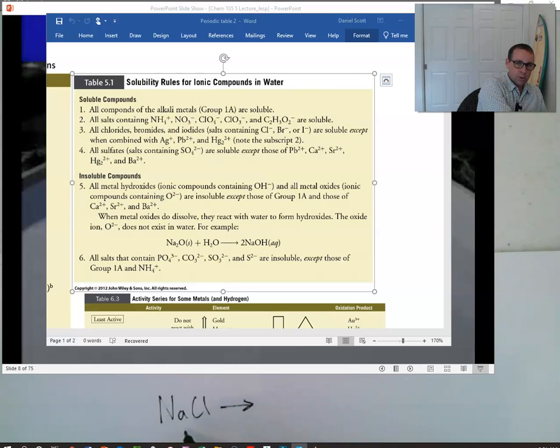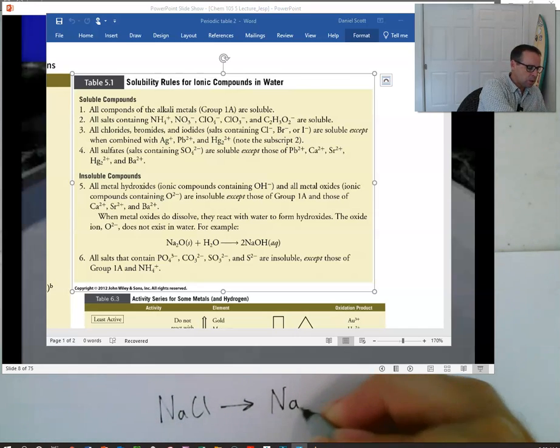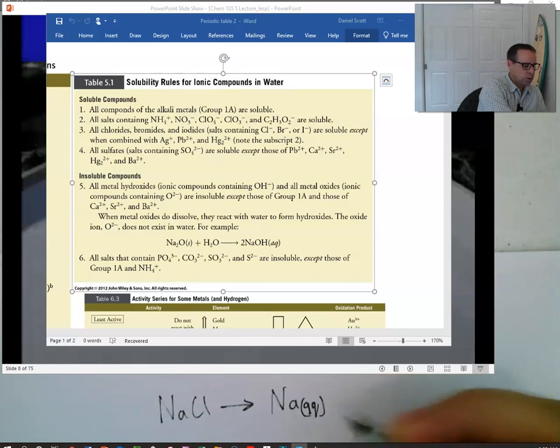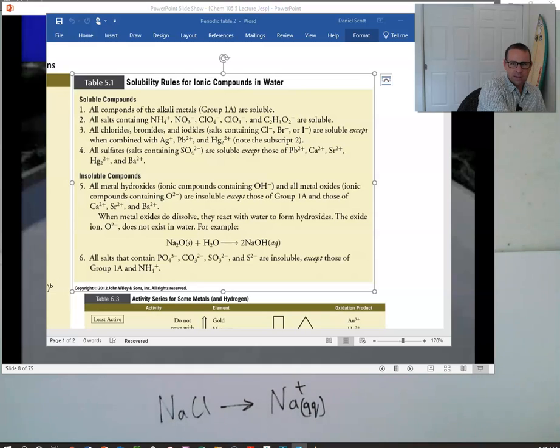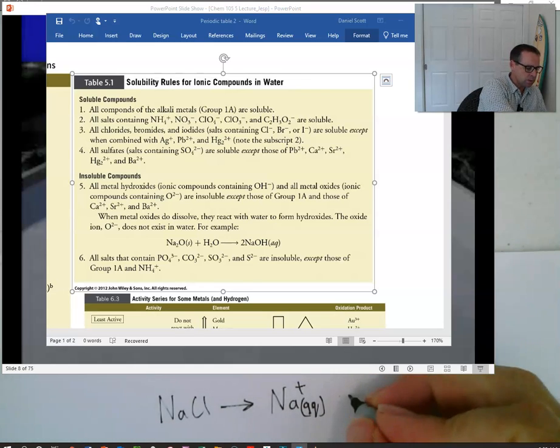So yes, sodium chloride will dissolve, but because it's an ionic compound, it also dissociates. The sodium ion itself is now separate from the three-dimensional lattice, floating around with a bunch of water molecules, and that's what that AQ means.